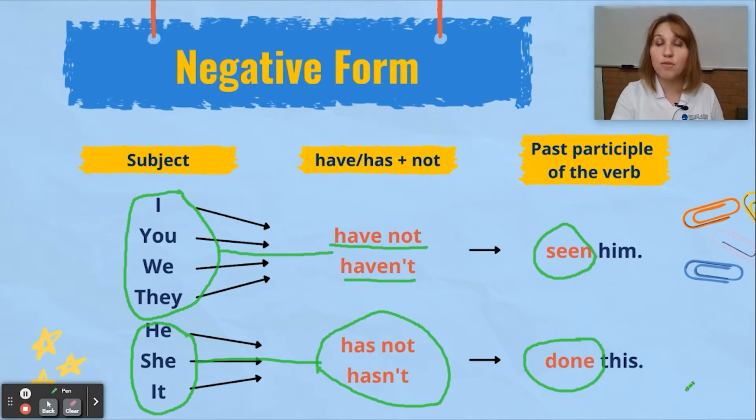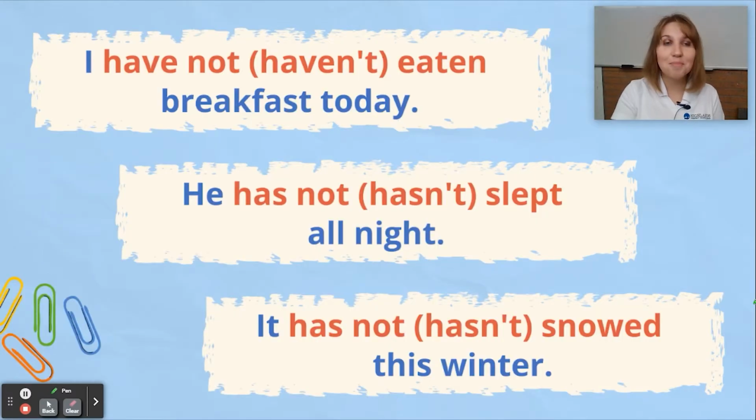Let's check some of the other examples that we have. I have not or haven't eaten breakfast today. So this form, have not eaten, is a present perfect negative form. He has not or hasn't slept all night.